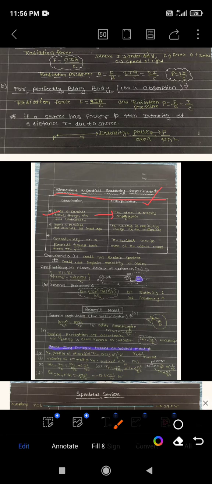Next, some alpha particles are deflected by a small angle, so it means the nucleus is positively charged like the alpha particle. That's why repulsion happens between alpha particle and nucleus, because of same charge.